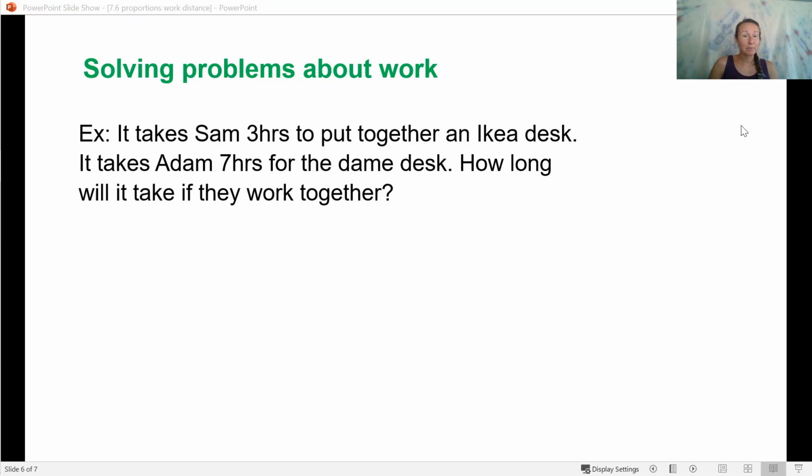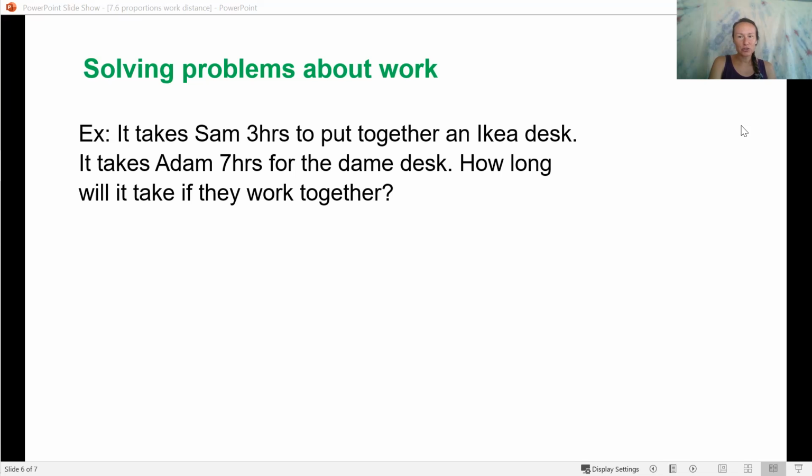It takes Adam 7 hours to put together that same desk if he were to do it by himself, okay? Now let's say Sam and Adam work together to put this desk together. Obviously, Sam is going to get a lot more of the desk assembled than Adam, but how long, if they both work start to finish, will it take the 2 of them to get this desk put together?